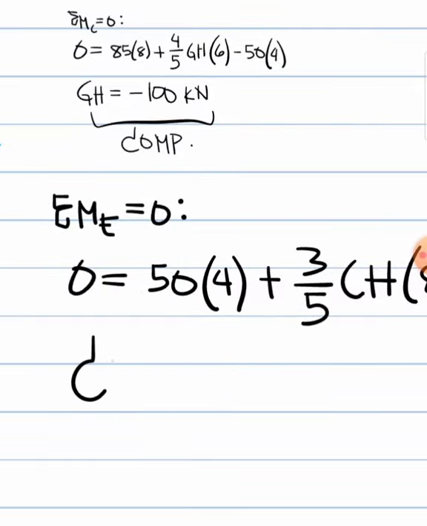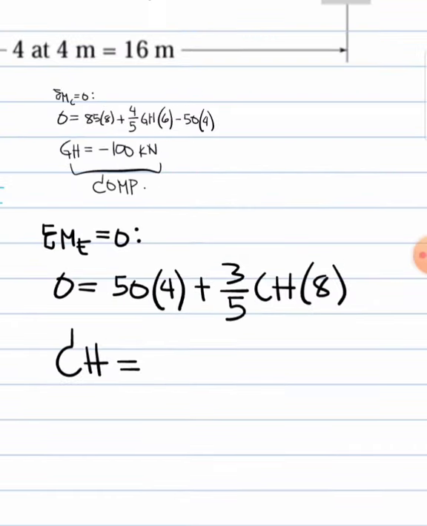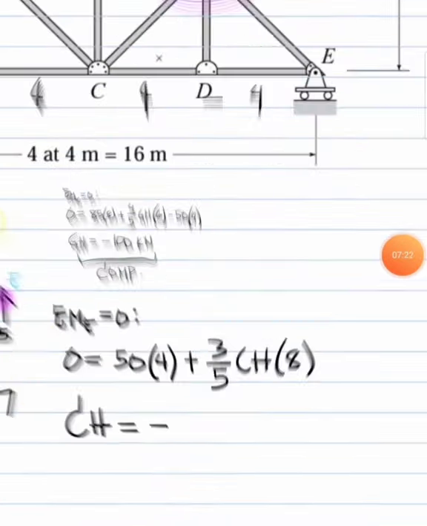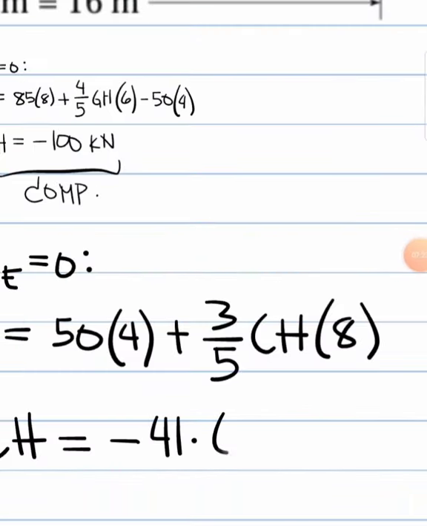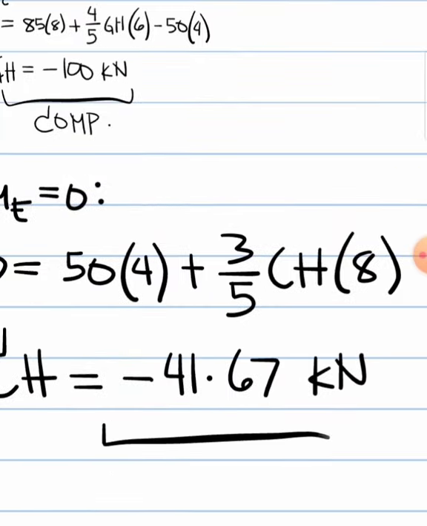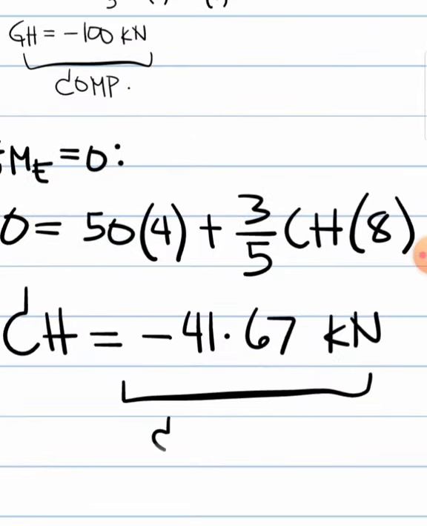So with that, we now have the value of CH as, of course, again, negative. CH is 41.67 approximately kilonewtons, and again, this is in compression, right?